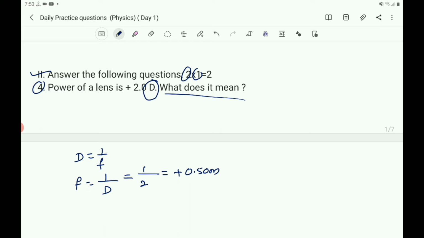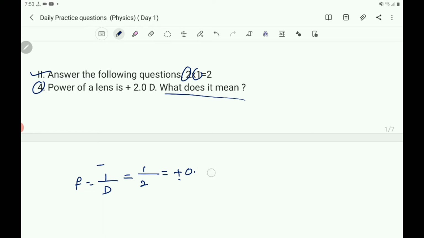So the degree of convergence or divergence of light rays achieved by lens is expressed in terms of its power. The power of a lens is defined as the reciprocal of its focal length, and the power is denoted by the letter P, and the unit is diopter, and the symbol of the unit is D.